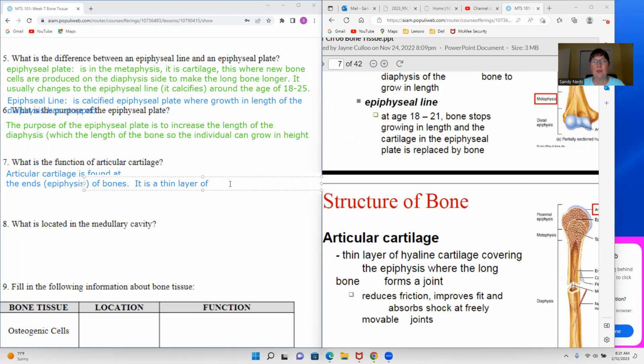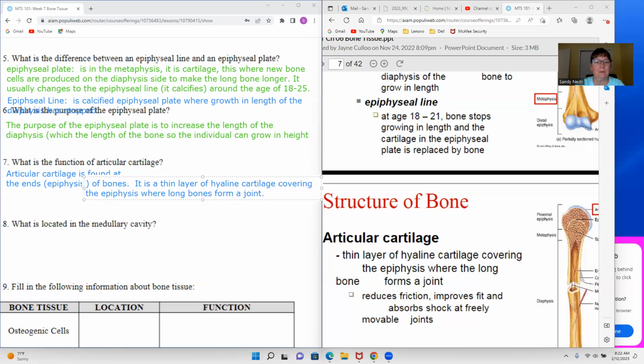Hyaline cartilage, you should think of costal, articular. So this is the articular part of hyaline cartilage covering the epiphysis. Oops, that should be a Y. Where long bones form a joint, and a joint is where bones come together.